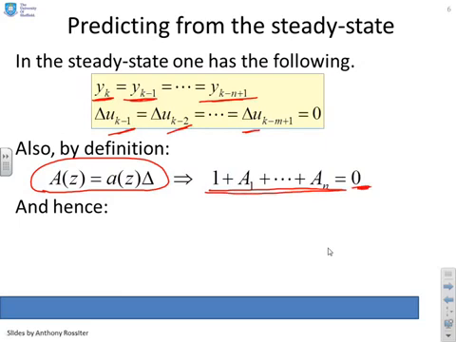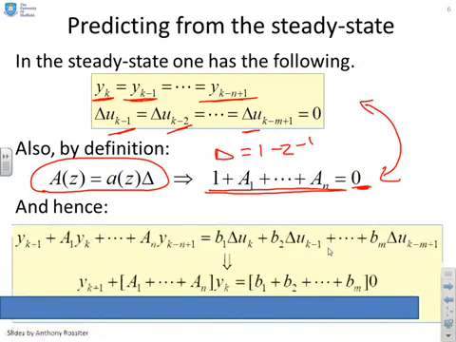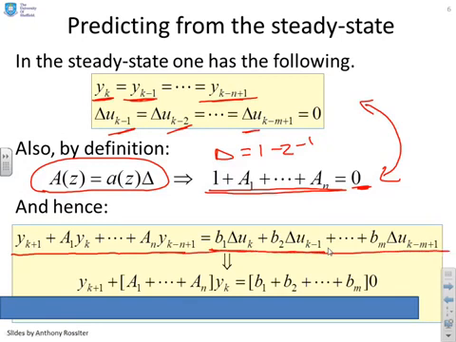That follows directly from the fact that delta equals 1 minus z^-1. Now if I put these two observations together, this is what I get. I get y(k+1) plus a1 y(k) and so on equals b1 delta u(k) plus b2 delta u(k-1) and so on. So that's basically the difference equation form of this model.